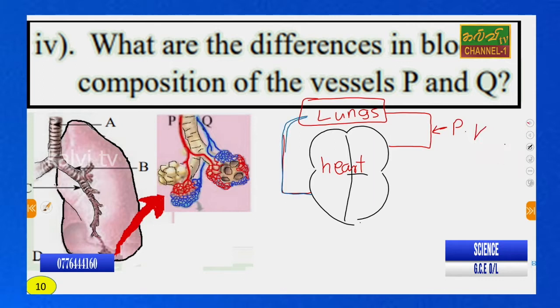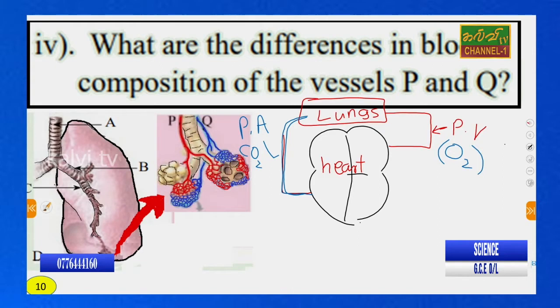Oxygenated blood is carried by the pulmonary vein. Deoxygenated blood, that means carbon dioxide, is carried by the pulmonary artery.